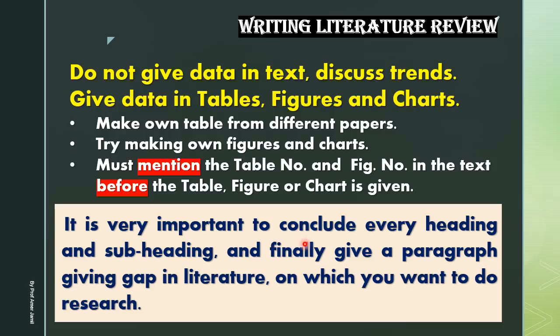It's very important to conclude every heading and subheading as I mentioned earlier, but you should also give a final paragraph of the review of literature giving the gap in literature on the basis of which you actually conducted this research. So you have to mention that gap.